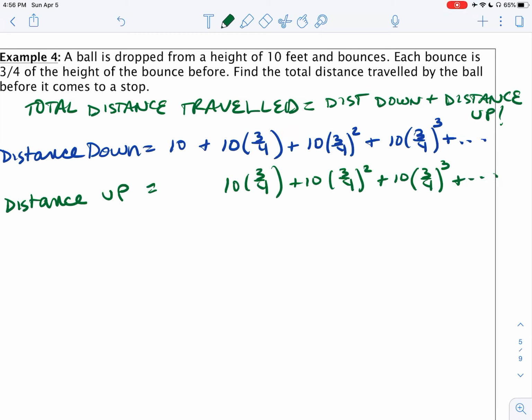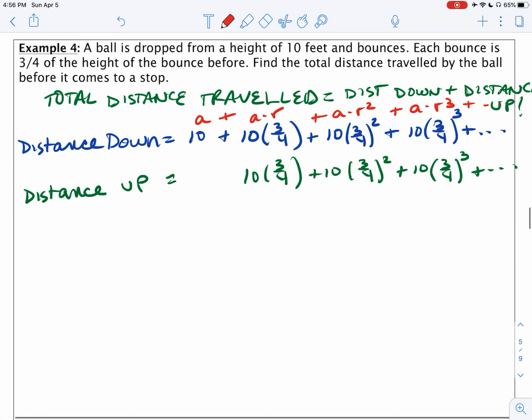So looking at this, if we take the first one as the a plus a times r plus a times r squared plus a times r cubed plus dot, dot, dot, we see that it is a geometric series.